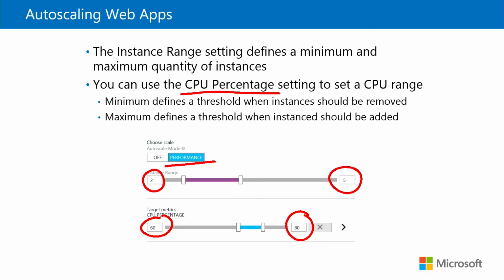So at any given time, my performance is going to be between 2 and 5 instances in this case, right? So if I'm sitting at 70% utilization with 3 instances, that means that's exactly the right number of instances, because I'm in my target performance range, and I'm in the range of the number of instances that I'm willing to have, either high or low.